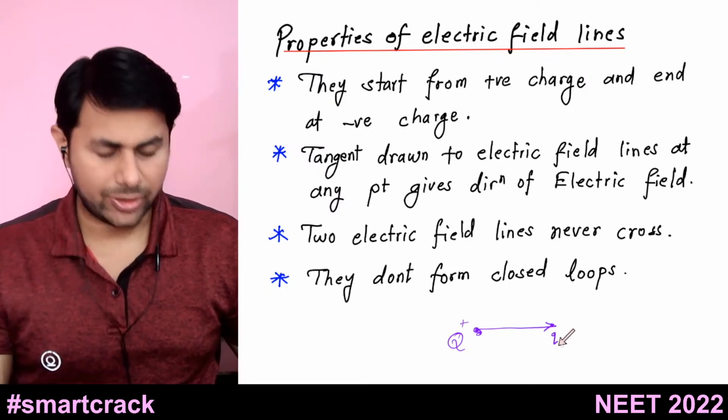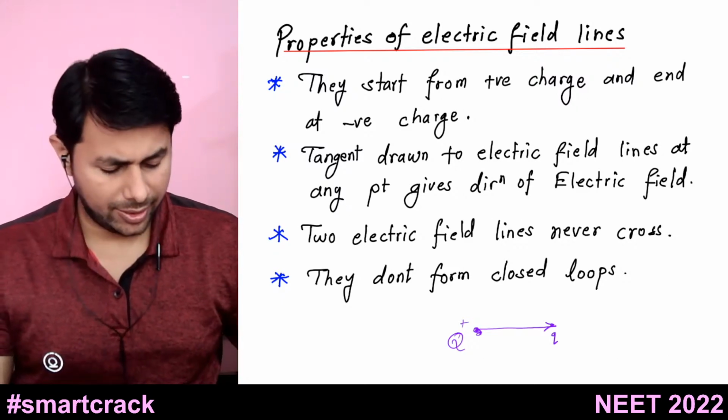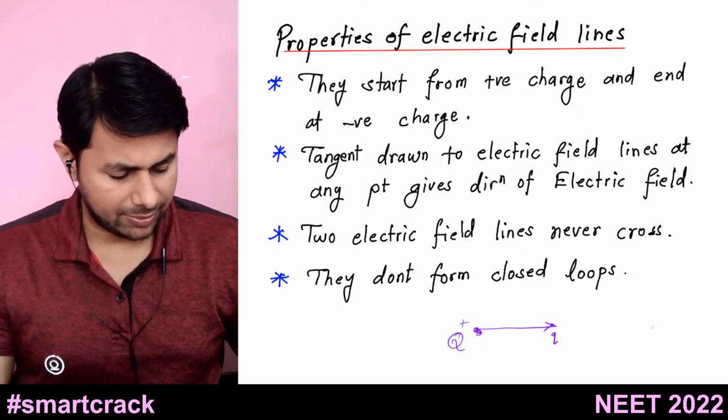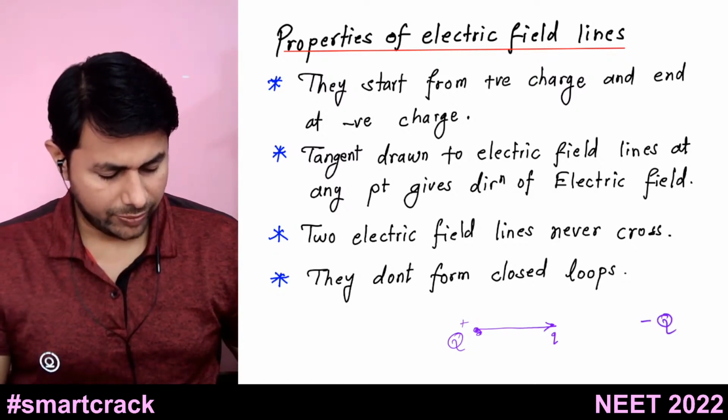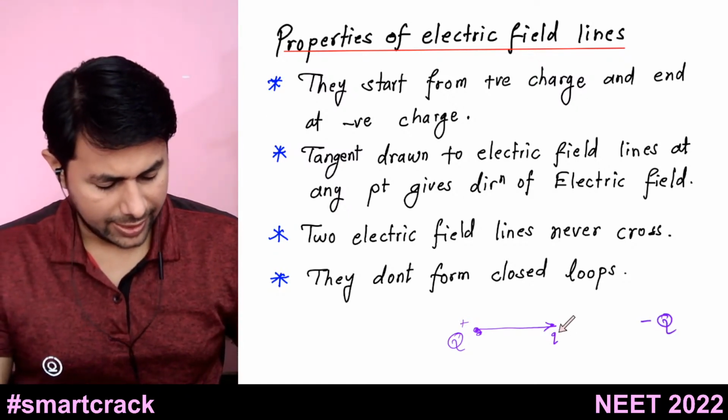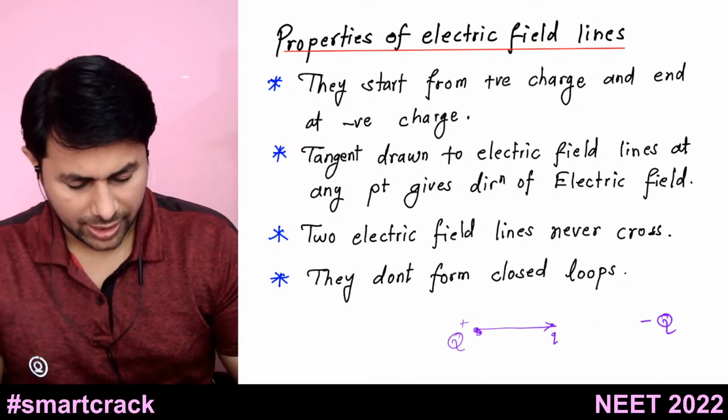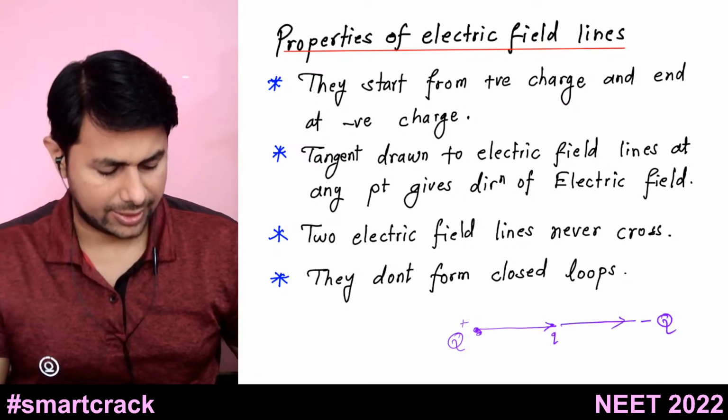The test positive charge is pushed by the positive charge. But if you take some negative charge, let's say minus q, then it will attract this test positive charge, and the electric field will be like this.